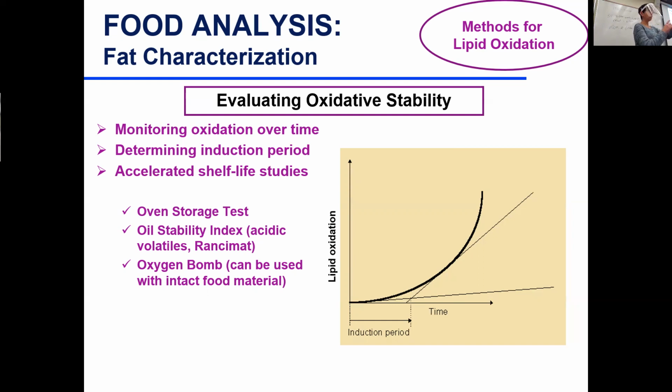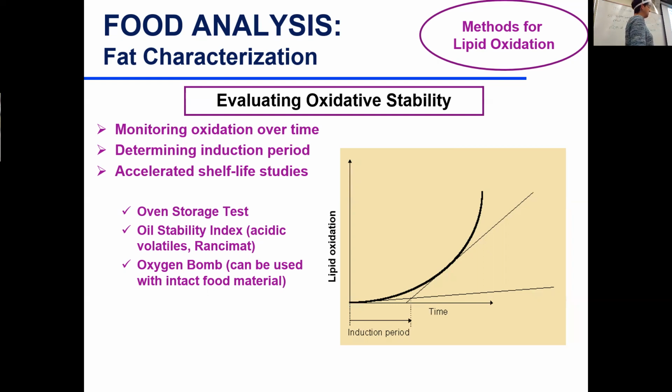And then the organic acids generated from oxidation are going to be sucked up into another container, a flask, and then conductivity is going to be measured. So here we measure the volatiles that come off of the oil by conductivity. So there is specific equipment, the Rancimat, that you can do this oil stability index with.